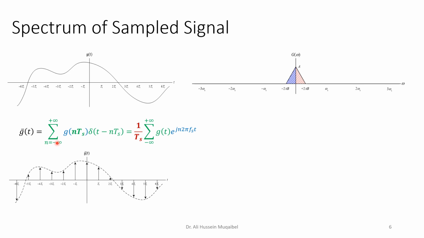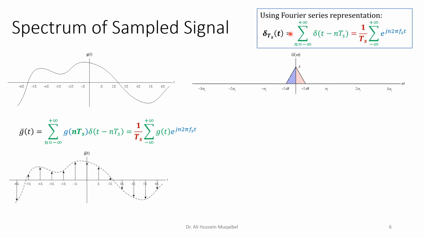According to the math that we have seen before, we can say that the sampled signal, which we have seen to be equal to the function multiplied by deltas, can be represented in this format. How? Remember that the train of deltas or impulses is a periodic function which can be represented by its Fourier series.